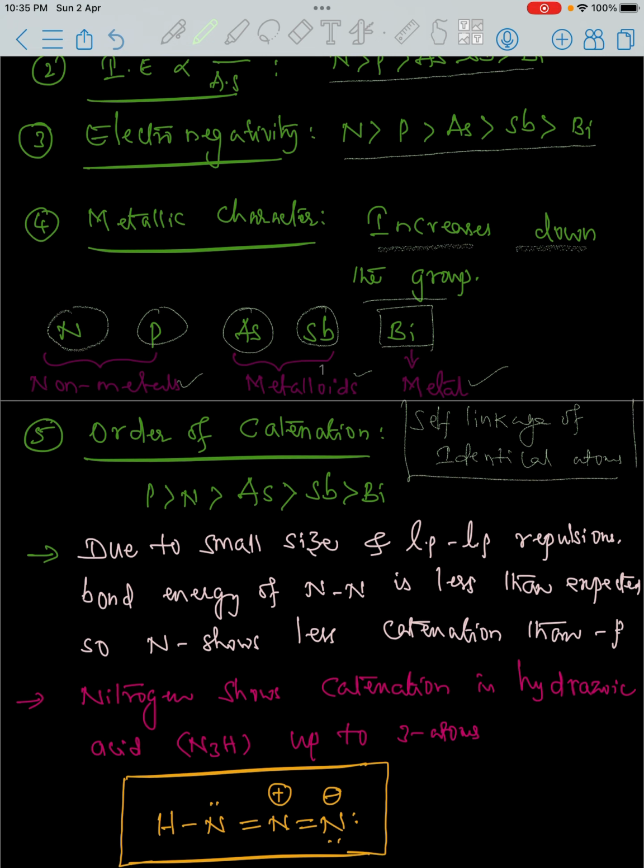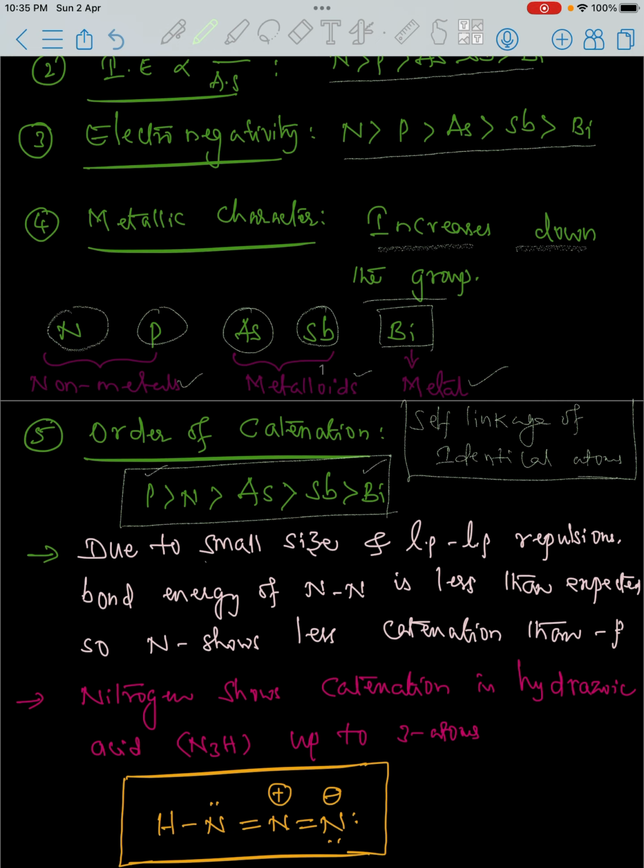This is called the catenation property. The catenation property is more for phosphorus than nitrogen, arsenic, antimony, bismuth. So this is the order of catenation property, a decreasing order. Highest is for phosphorus, least for bismuth.